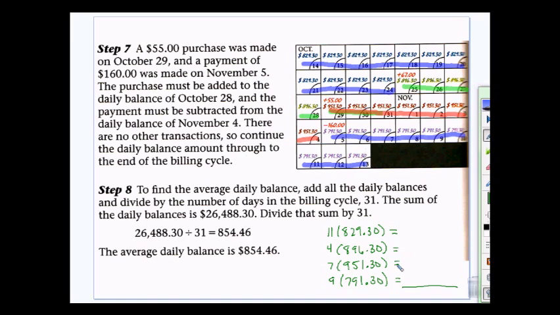So 829.30 times 11 is 9122.30, and 896.30 times 4, and then 951.30 times 7, and 791.30 times 9. And then you add all those up.